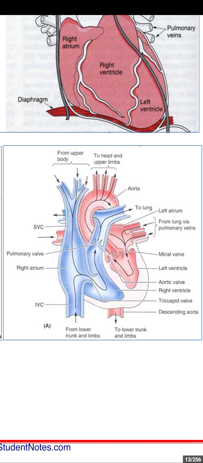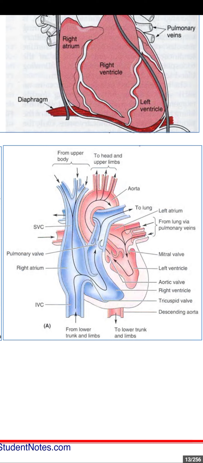Blood enters through the inferior vena cava into the right atrium. So the deoxygenated blood enters through the SVC and IVC into the right atrium, and it goes to the right ventricle.